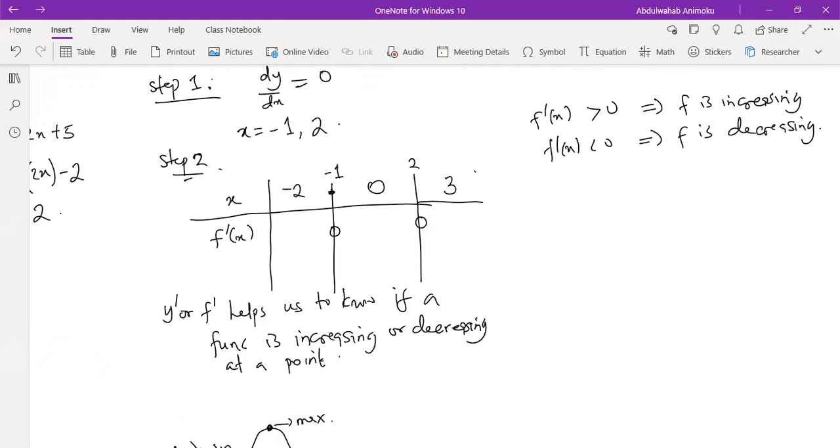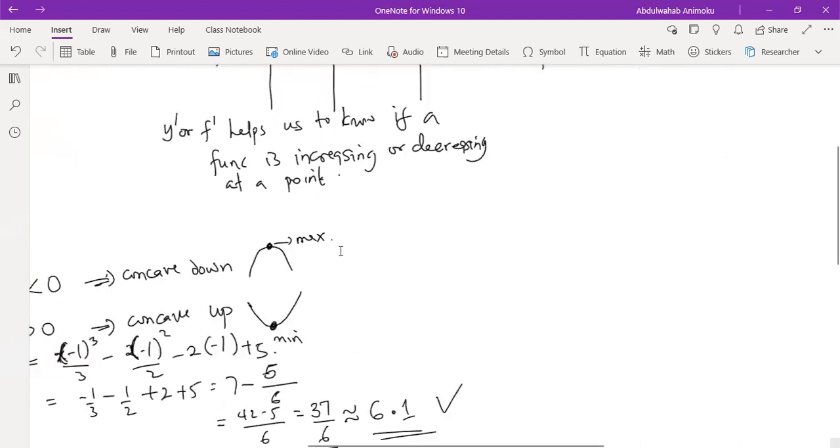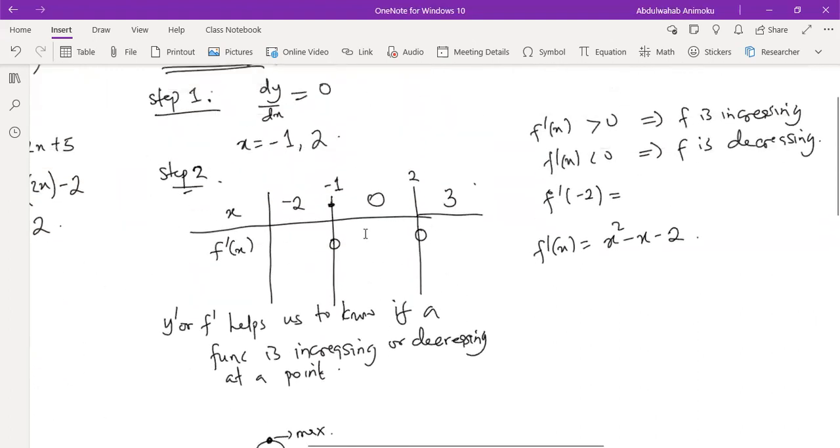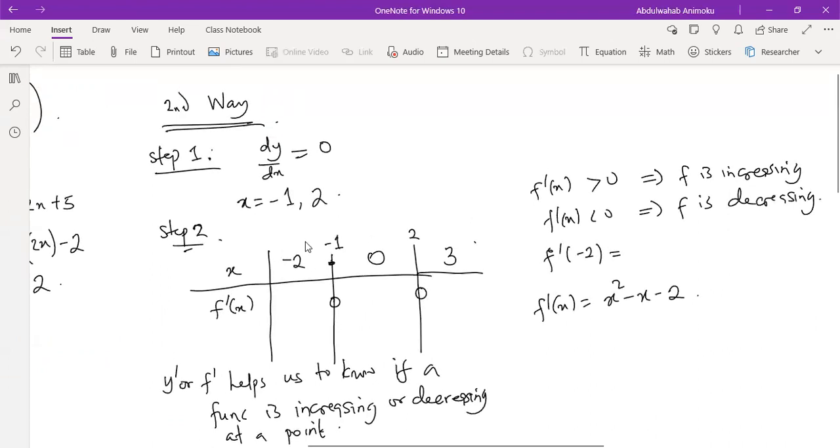Okay, so now let's look at this. So f prime at -2, that will just give us what? Remember, f prime of x, we got it before, is x squared minus x minus 2. That's what we got before. So f prime at -2 will be -2 squared minus -2 minus 2.